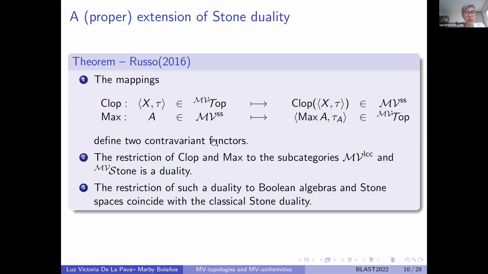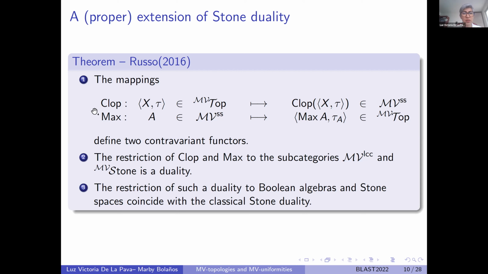We have two contravariant functors, Clop and Max. For each MV topological space, the Clop is a semi-simple MV algebra, and for each semi-simple MV algebra, there is a natural MV topology.